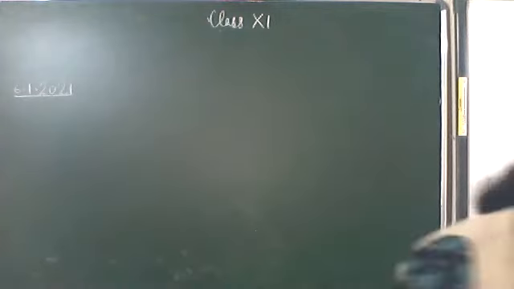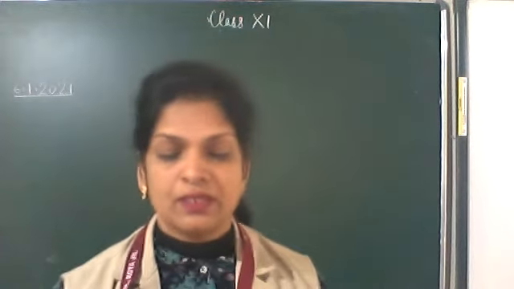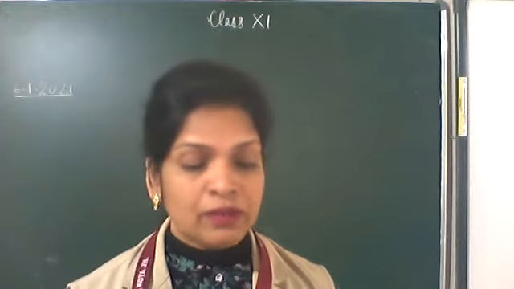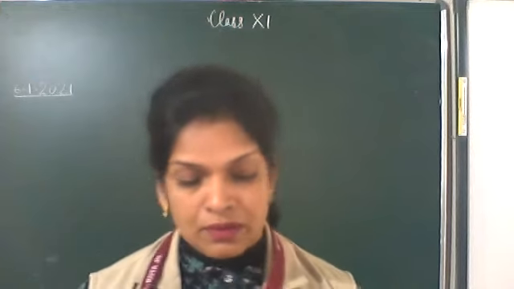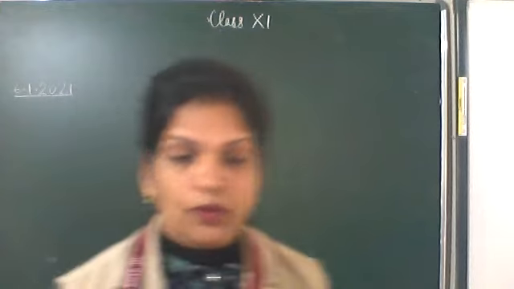So write one question. How many sigma and pi bonds are present in each of the following molecules?